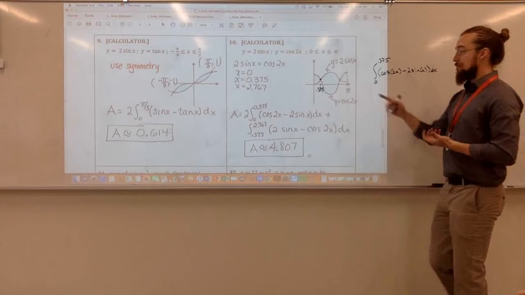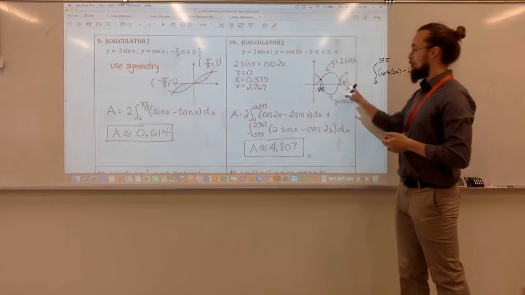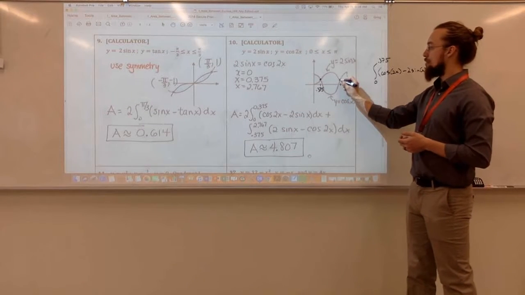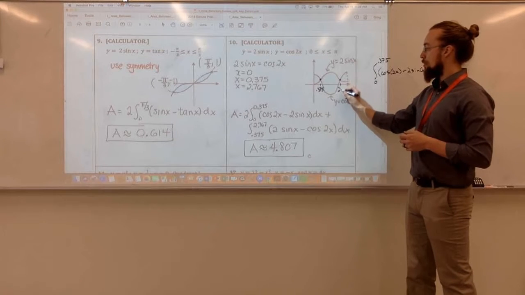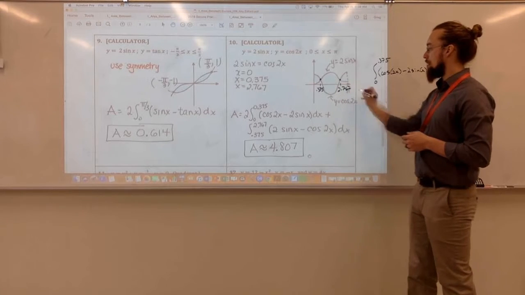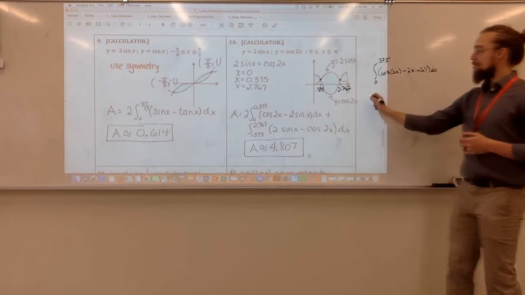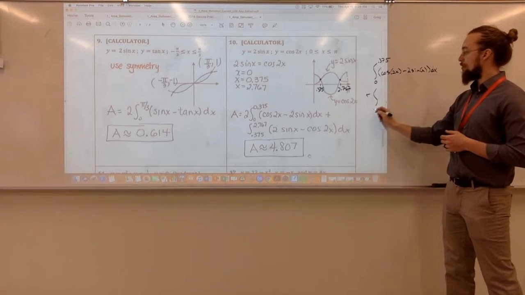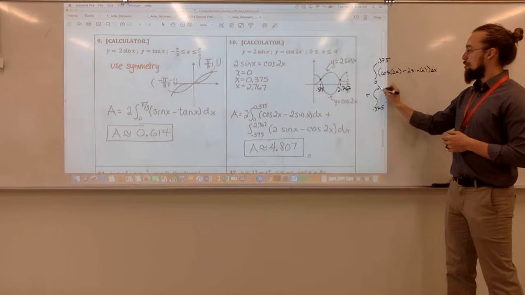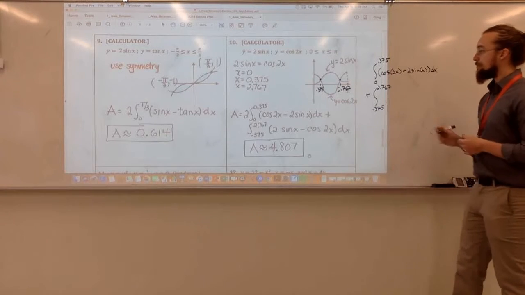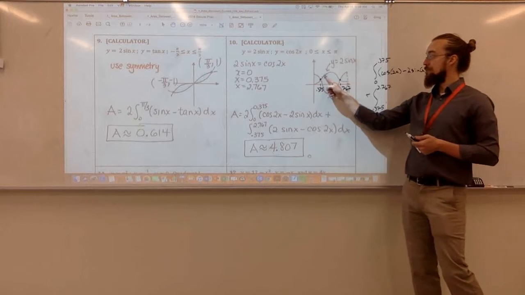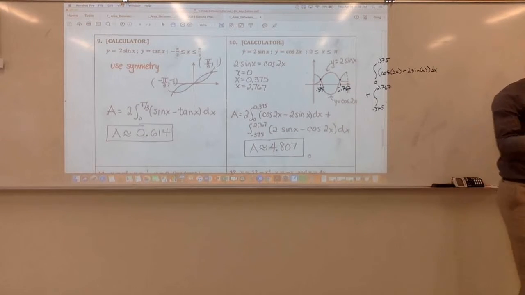Then the next piece, and again, we're using the calculator to find this point of intersection. And when we do that, I think we should get 2.767. So the second piece, my second integral, will go from 0.375 to 2.767. And on this piece, the 2 sine of x function is greater.